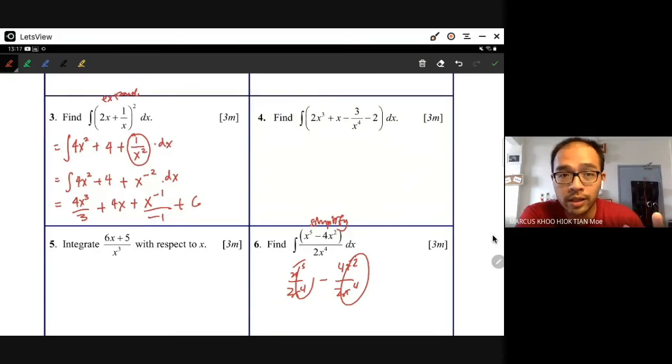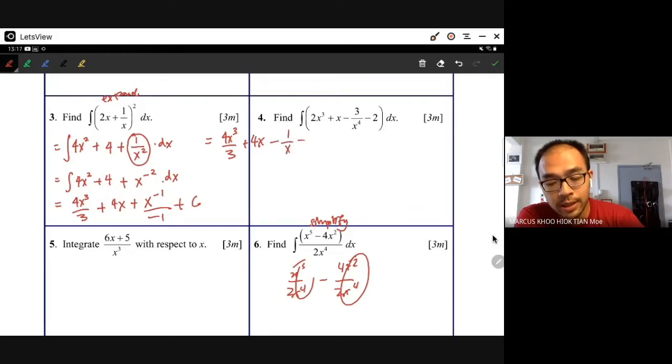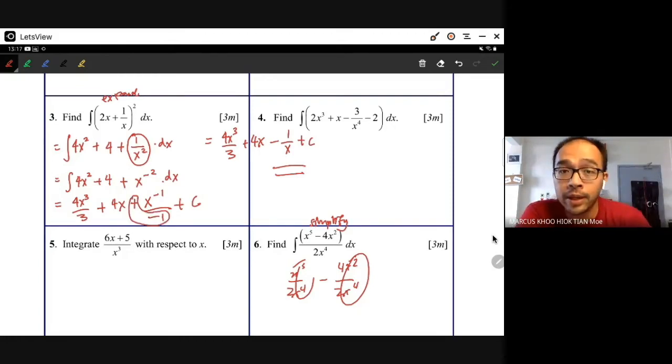We don't want kuasa negatif, so we have to bring it back down. So because of that, we will get 4x cubed over 3 plus 4x minus 1 over x plus c. Okay, kenapa minus 1? Sebab ini tambah dan negatif 1 ini, it will become minus 1 bila kita bawa itu x ke bawah. Okay, so that's the answer for number 3.